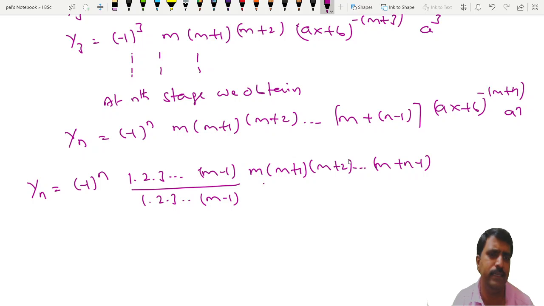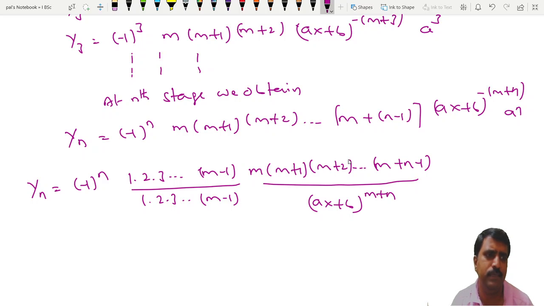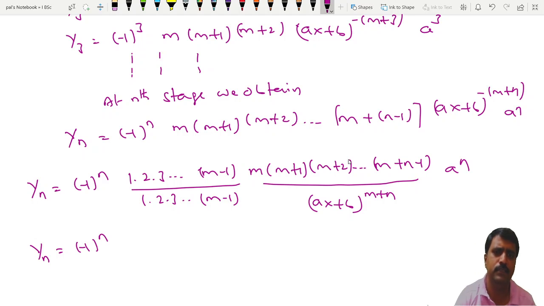You can write that in the denominator, no problem in it. If written in the denominator, this becomes ax plus b to the power plus m plus n. This into a to the power n. So that is yn is equal to minus 1 to the power n. Here see, in numerator it is 1, 2, 3, 4 up to m plus n minus 1.